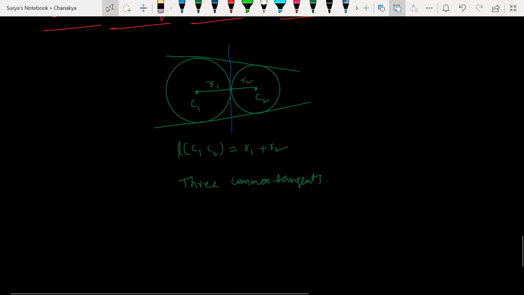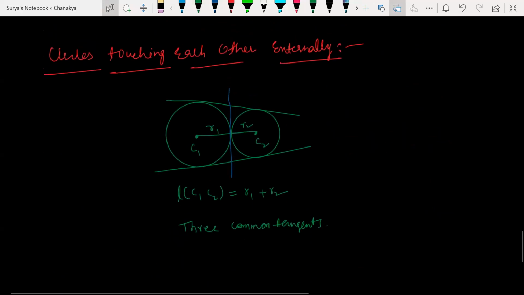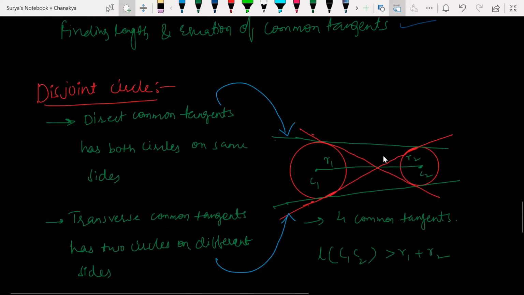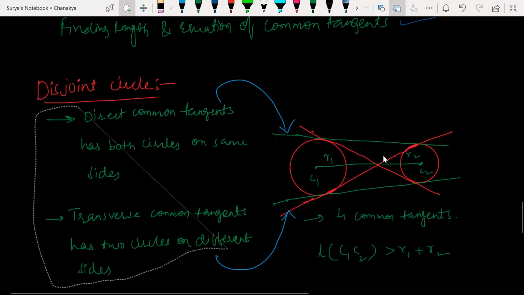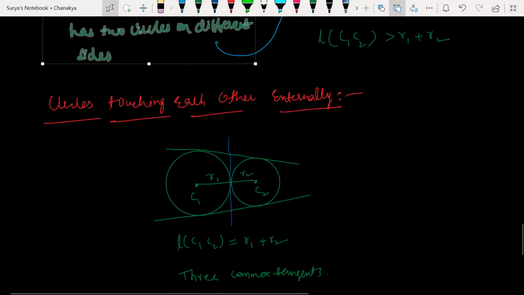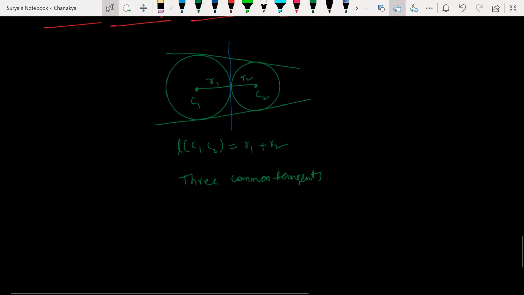Here also same thing. Here direct common tangent has both circles on the same side. You understand? Same point, guys. I'm just copying and pasting here.